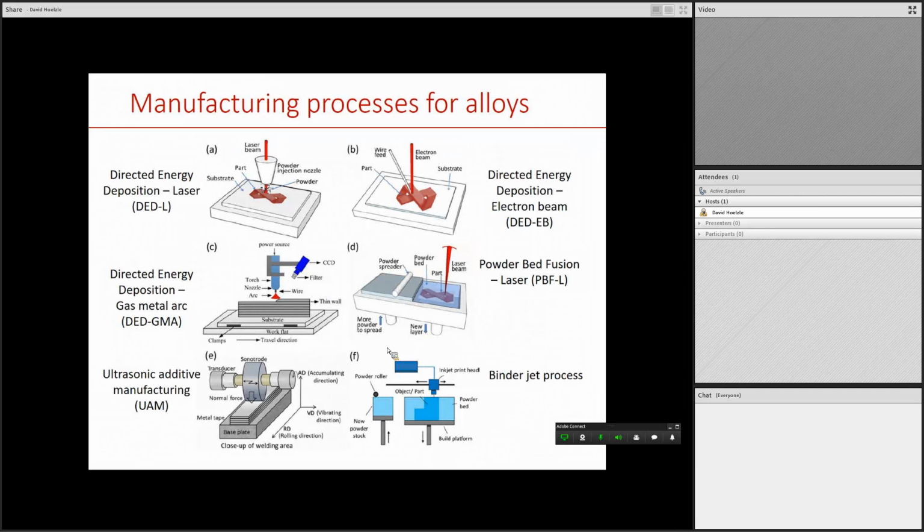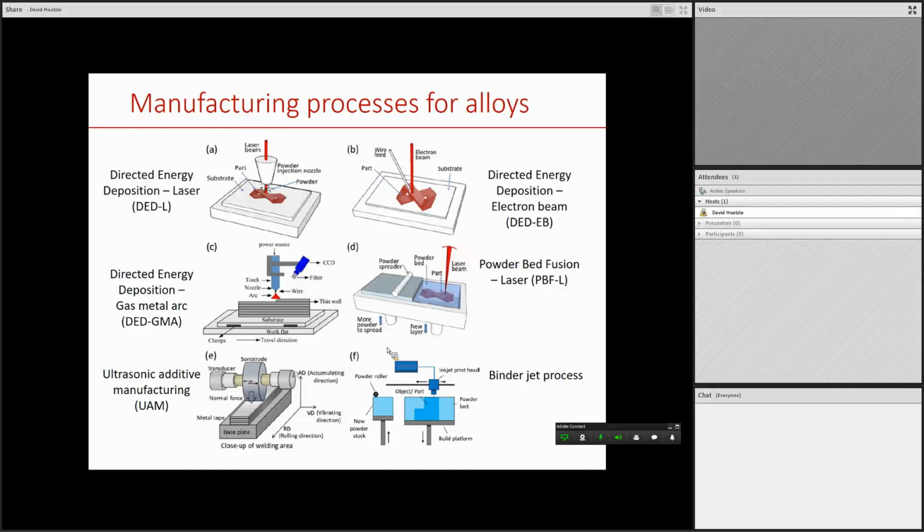These are schematics of six processes. A, B, and C are all directed energy deposition, with laser, with electron beam, and with gas metal arc. D is the powder bed fusion with laser.